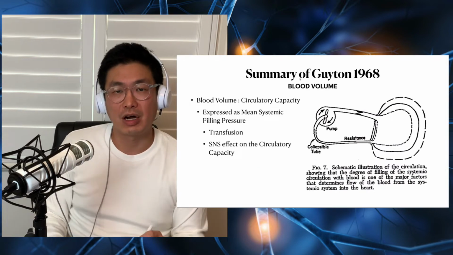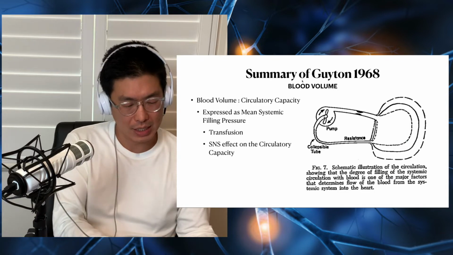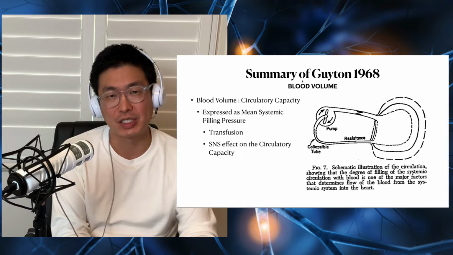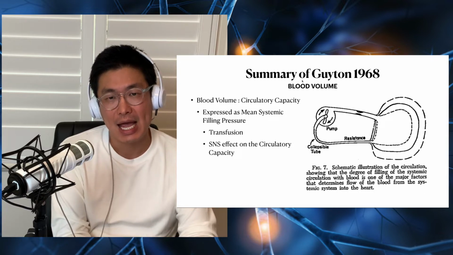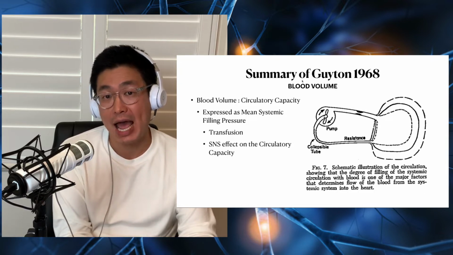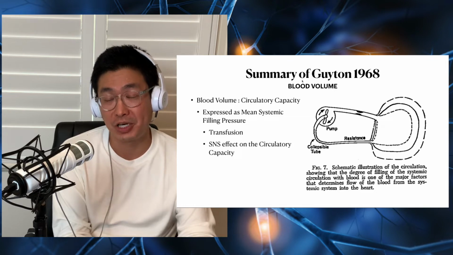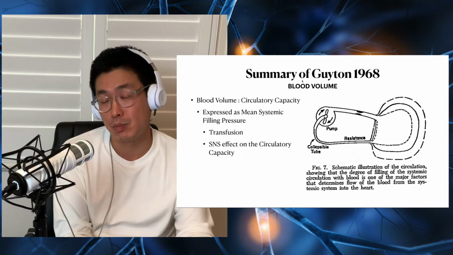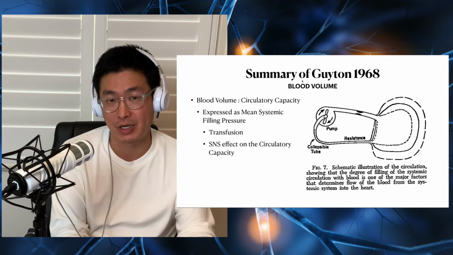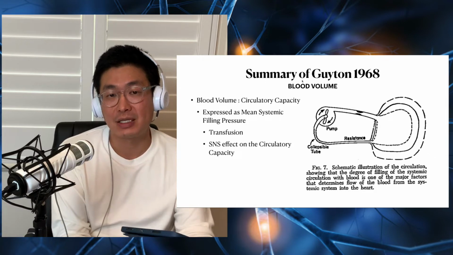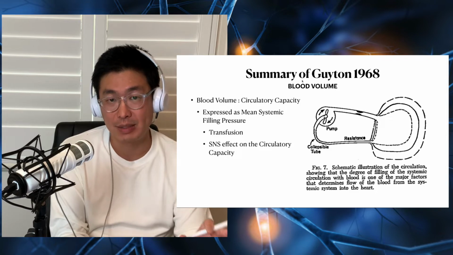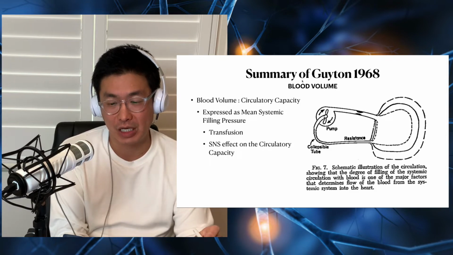Now, this next diagram here is about the idea of blood volume and its relation to circulatory capacity. And that is expressed as the mean systemic filling pressure. Pappano calls it the mean circulatory pressure, but I think most texts will call it the mean systemic filling pressure. And the things that affect it are transfusion, so the amount of blood volume, as well as the sympathetic effect on the circulatory capacity.